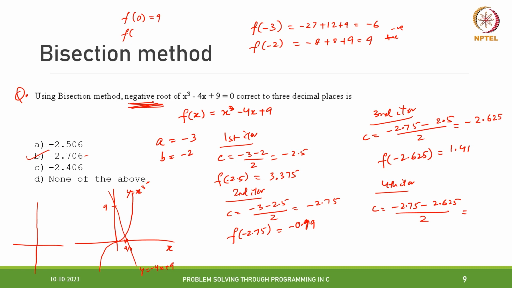So you can see that it has a root somewhere here. It is going to be a bit difficult to say that, right? The visualization method is not very reliable, you can get stuck there.